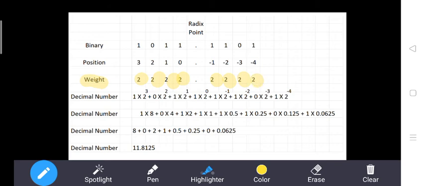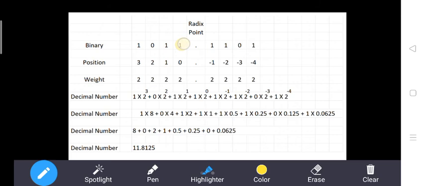So the decimal number is nothing but each digit multiplied by its weight. Meaning 1 into 2 raised to 3. Second, 0 multiplied by its weight, 0 into 2 raised to 2. Next, 1 multiplied by 2 raised to 1.